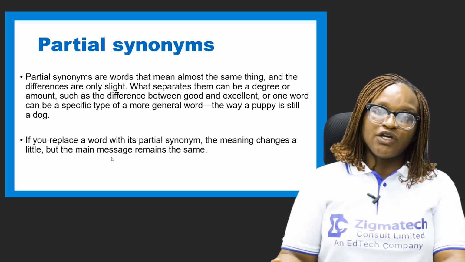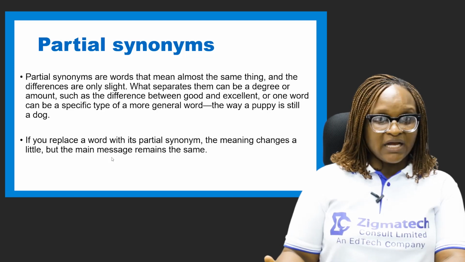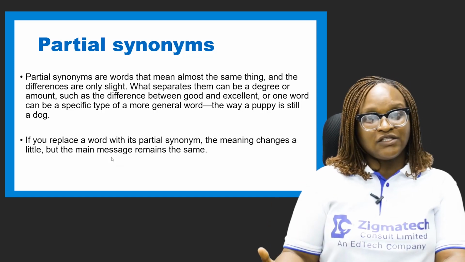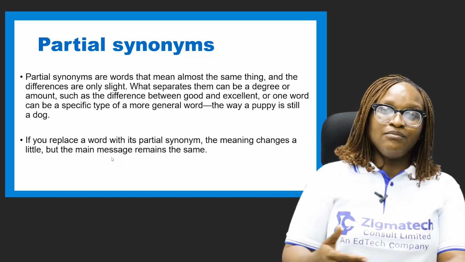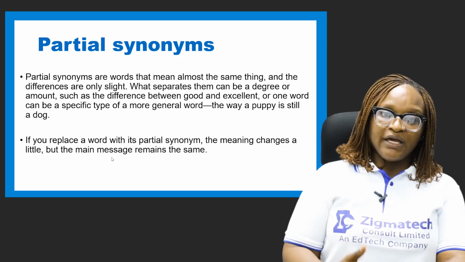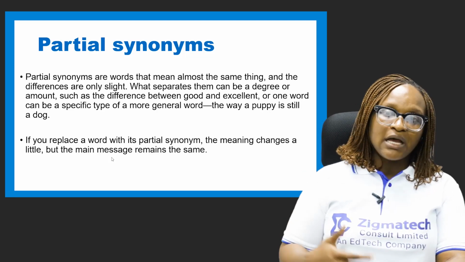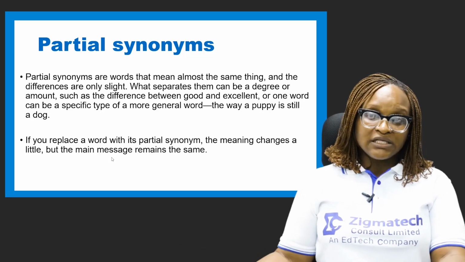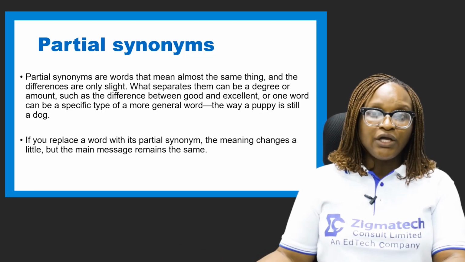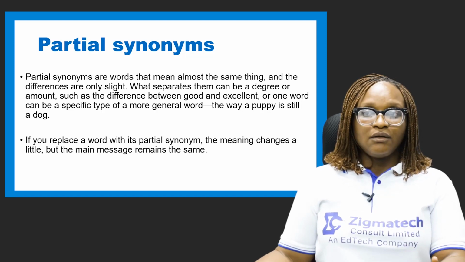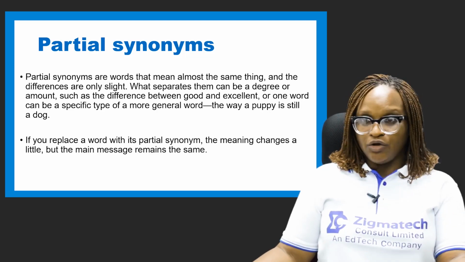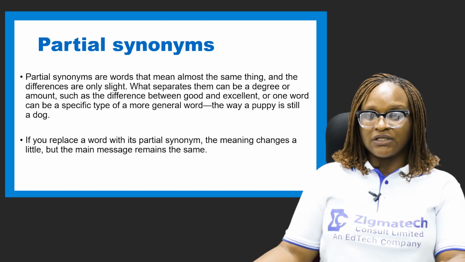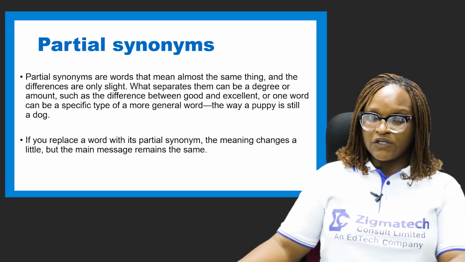If I say something is good, I can say something is excellent, I can say it is satisfactory. The only difference there is the degrees, but they still mean the same thing. All I'm saying is that the boy performed well, but this one did better than the other. That's what we mean when we talk about degrees in synonyms.